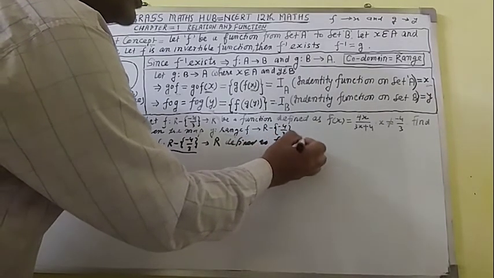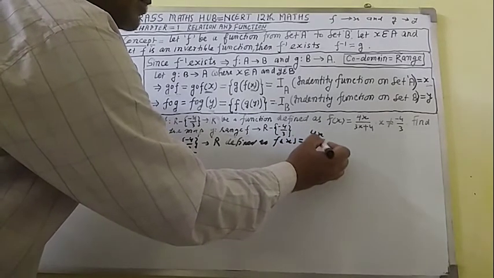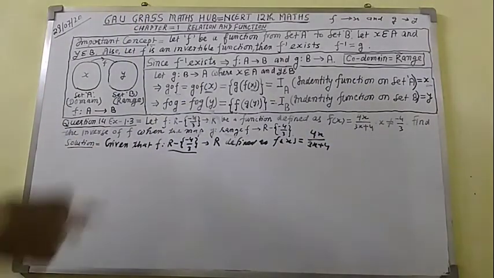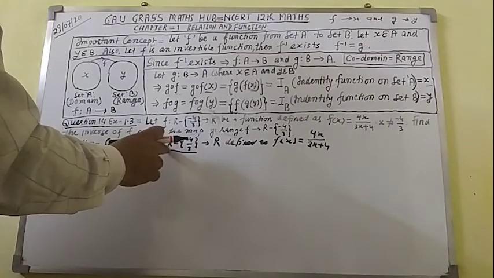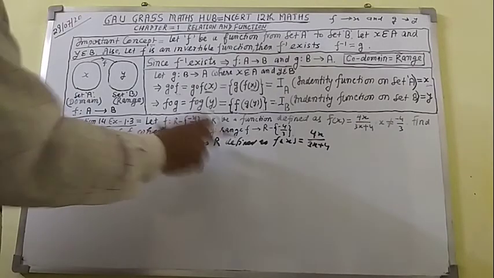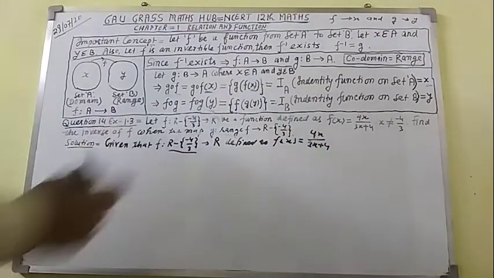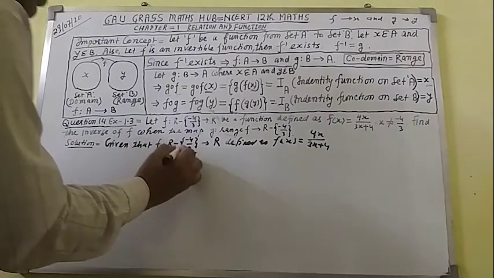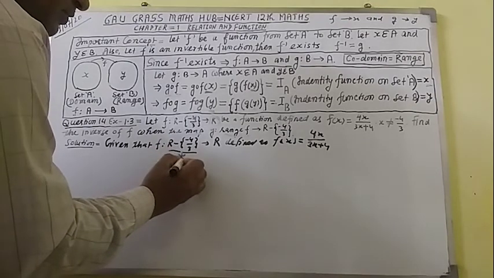Defined as f(x) = 4x over 3x + 4. So I have written, given that f is a function from R minus {-4/3} goes to R, defined as f(x) = 4x over 3x + 4.